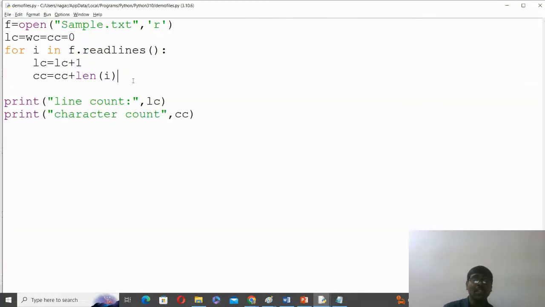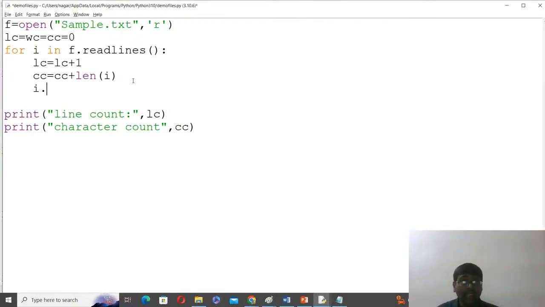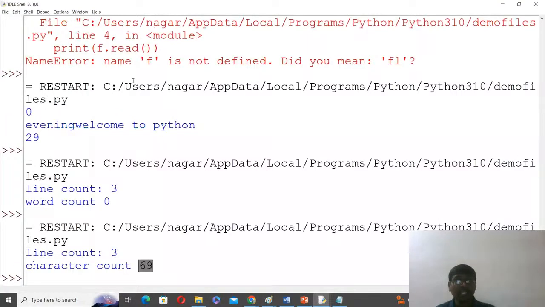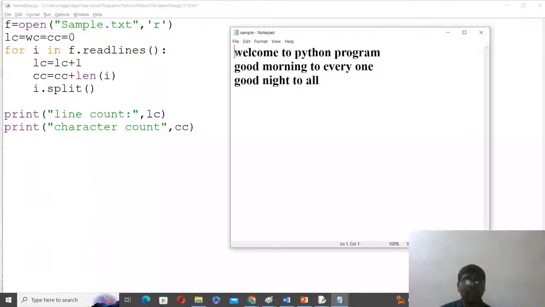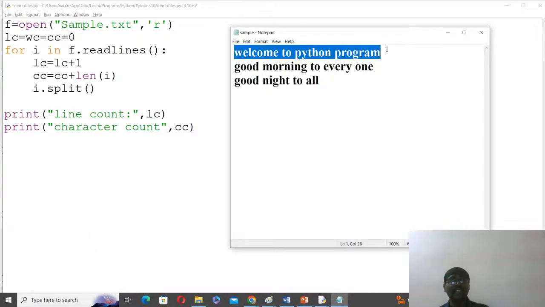Now word counts. Whenever you are reading one line, how do you count the number of words? Generally it is difficult. For that, I is the string, I.split. So you know the split method. Once it performs the split operation for the first line, it creates a list. The list consists of four elements: welcome, to, Python, program.